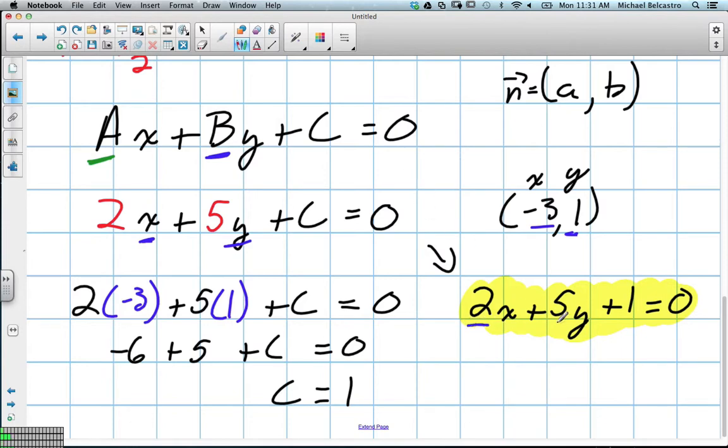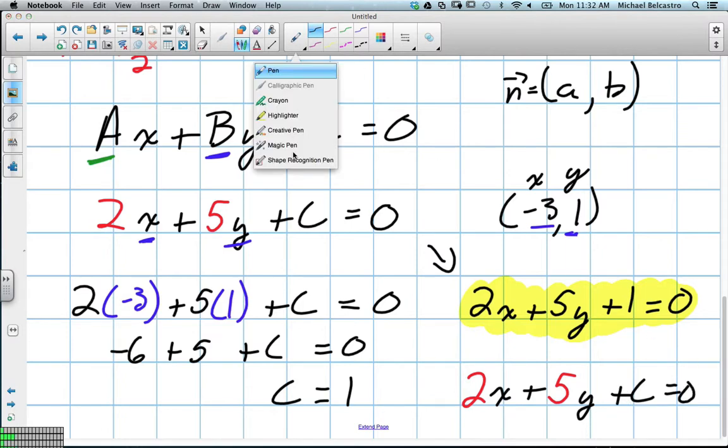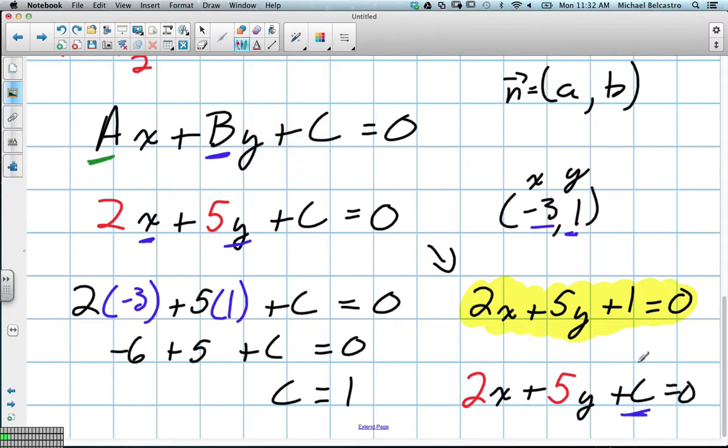So we know that the normals need to be parallel. And in order for our normals to be parallel, that means we have 2x + 5y. And I'm going to leave this as the value of c, because if I rewrite it as the value of 1, this is obviously the same equation.